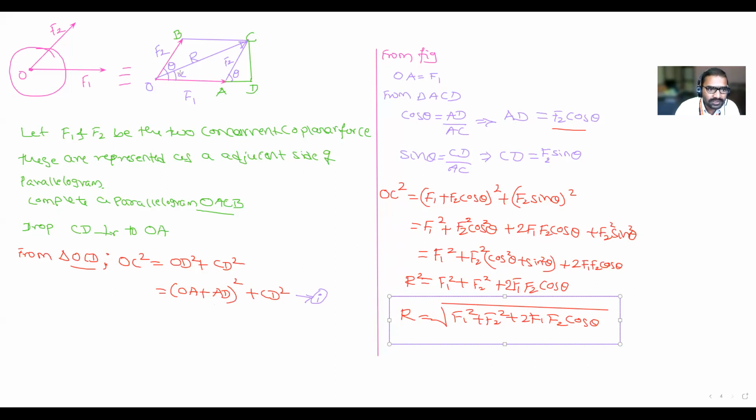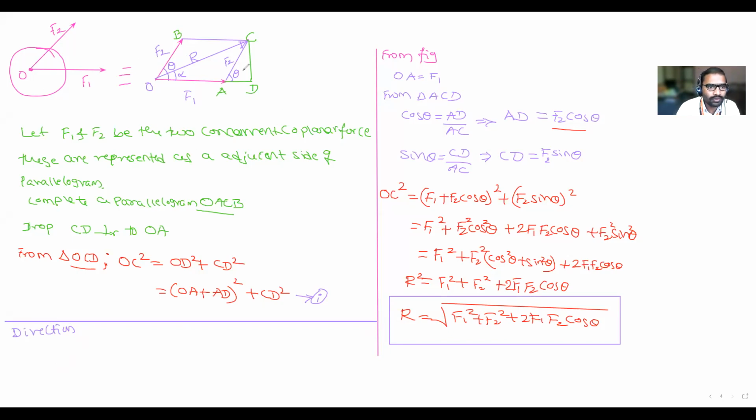Then I want to find out its direction. The direction is alpha. From the triangle OCD, can you tell me what is tan alpha? I will write the direction on the next slide.